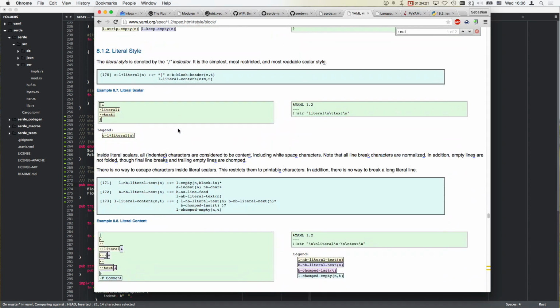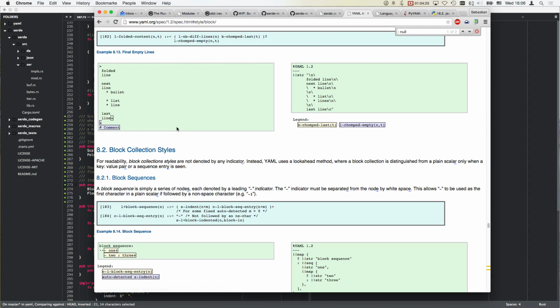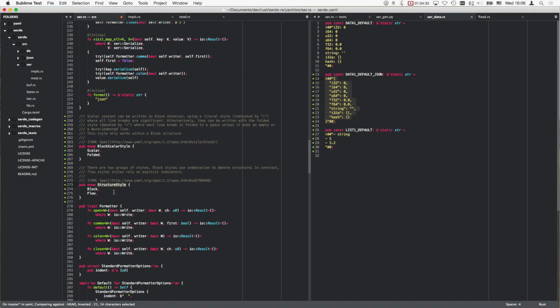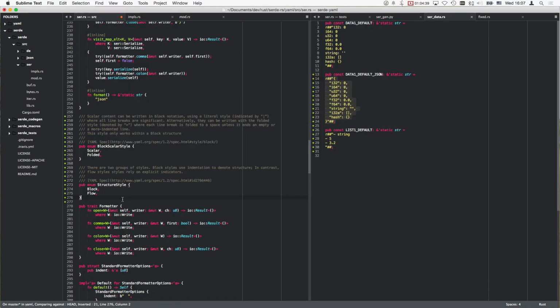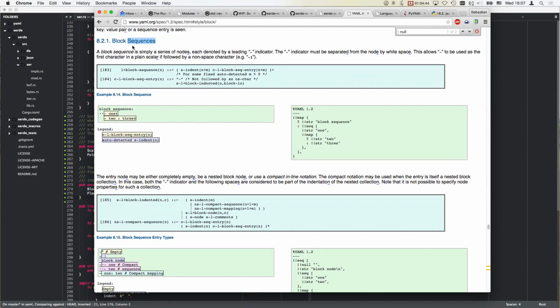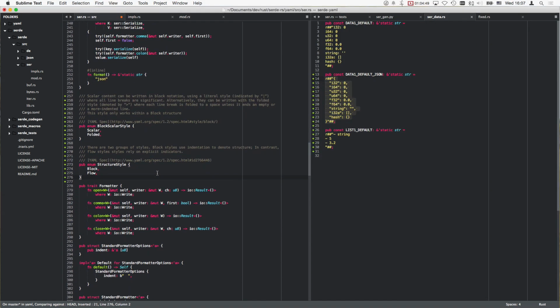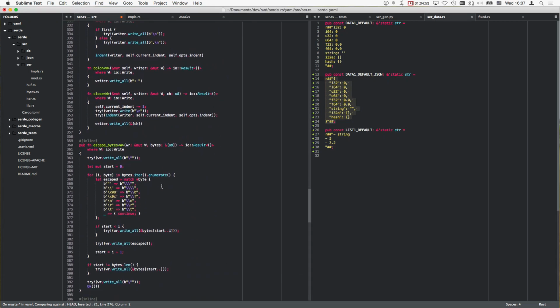Folded style, yeah. Block collection style. I think this is, yeah, block. That's kind of the sequence structure style. And then we have a mapping. A mappings. Yeah, I think that's how I could do it in the option here.